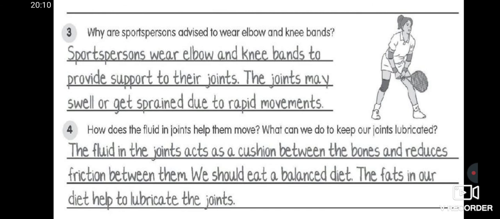So children, to reduce friction, we often use oil to lubricate the surfaces in contact, in machinery parts, fans and other machines. Similarly, the oil or fats in our body lubricate the joints and help to reduce friction between the bones when they touch each other while we move our body parts.